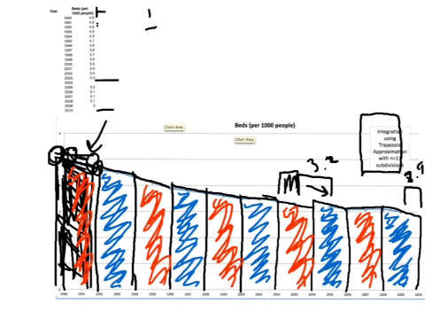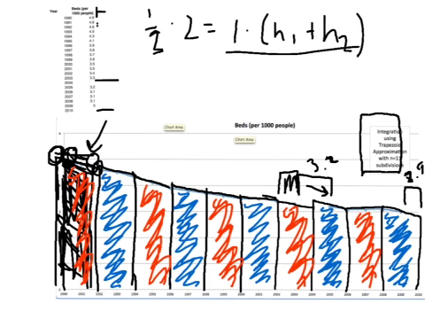So it would just be 1 times h1 plus h2, which would equal h1 plus h2. So because of that, it's quite the space saver.